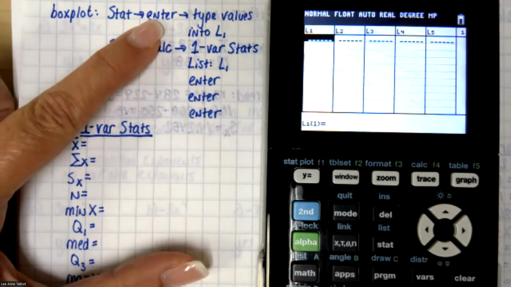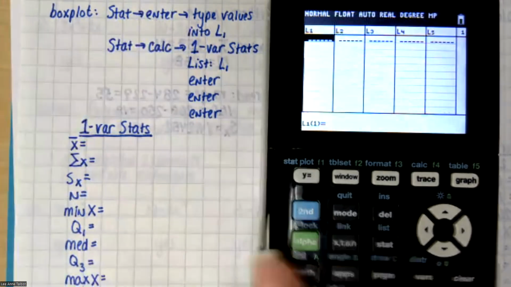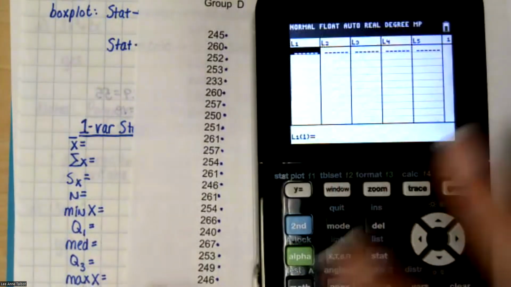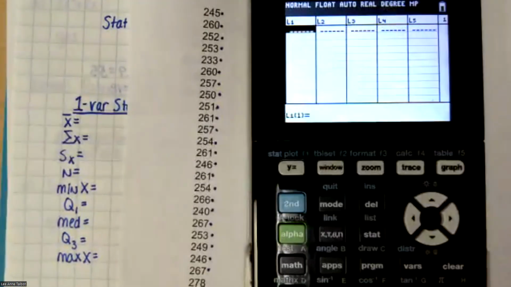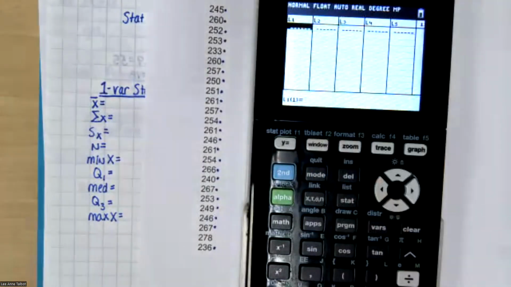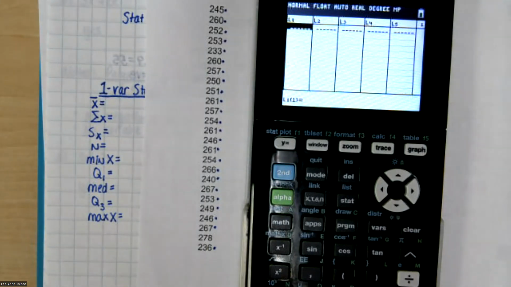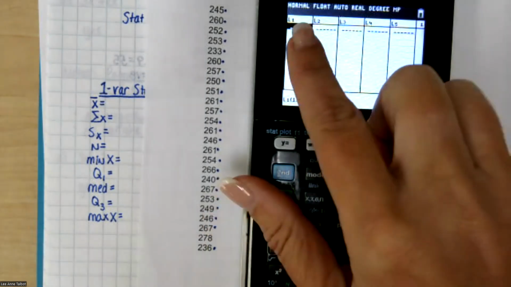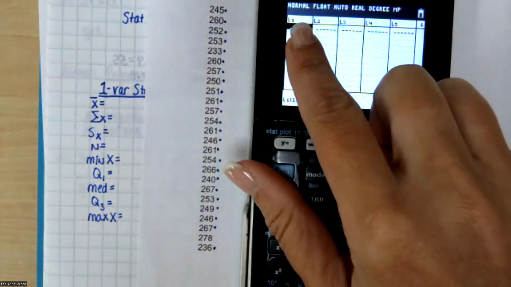Okay, now what you're gonna do is you're gonna get that list from group D, and we're gonna type these in. You can complain all you want, but I could ask you to do all this by hand, in which you would have to find the standard deviation of 25 numbers by hand. I don't know if any of you have done that. Oh, to clear out L1: scroll to the top with the arrow key, clear, enter.